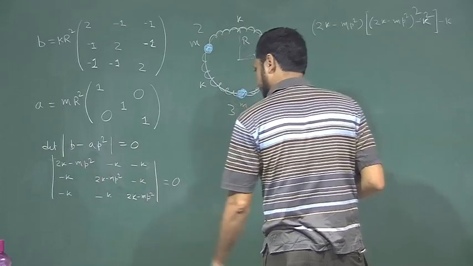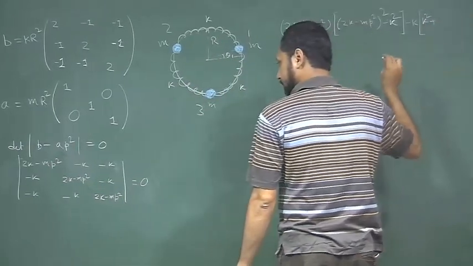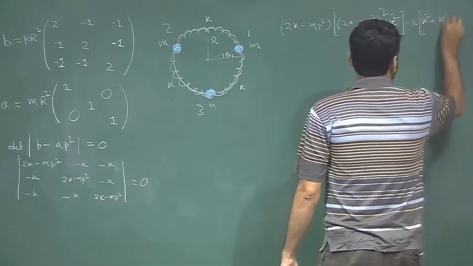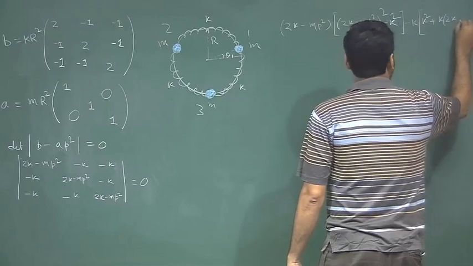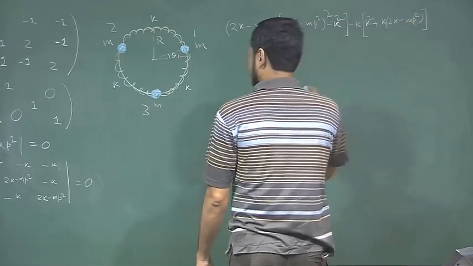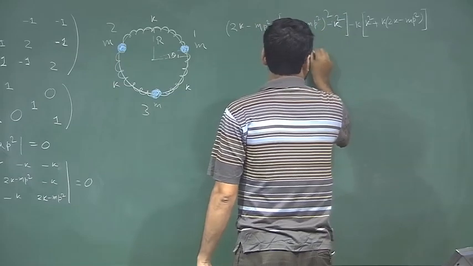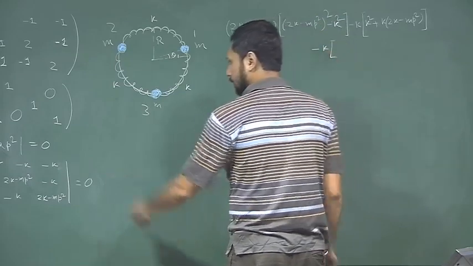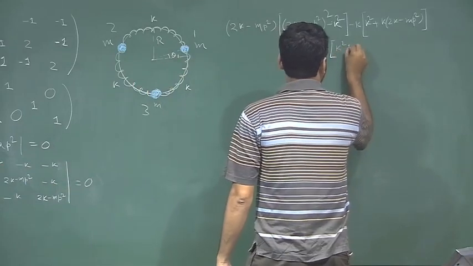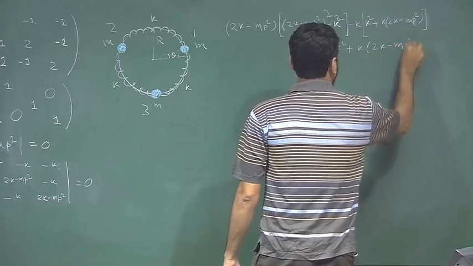So, k square minus k square plus k square plus k times 2k minus m p square, right, and there will be a third term which will be again minus k, and it will be k square plus k times 2k minus m p square.